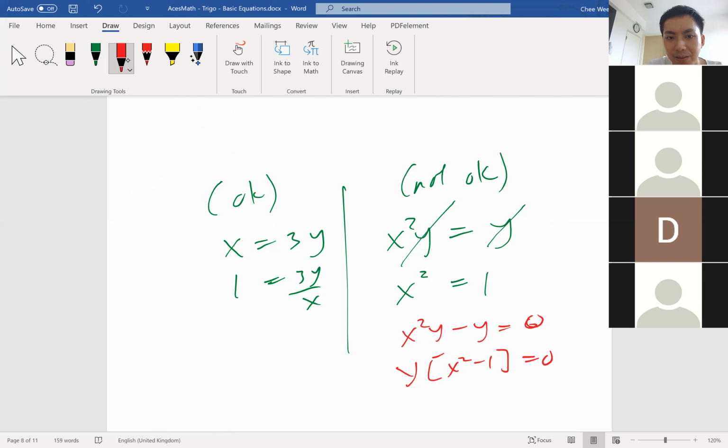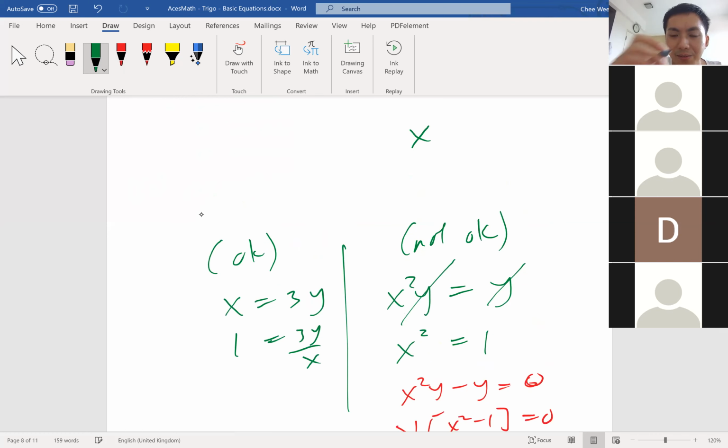But then why can't you just divide everything by y here and then 0 over y is just... You mean on the left or on the right? On the right side, the red one. What did I do? Why don't you just divide everything by y? Then it just becomes x squared minus 1 equals 0. But that will be exactly the same as what I did in the green already, right?